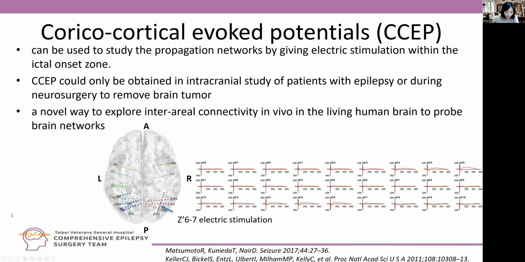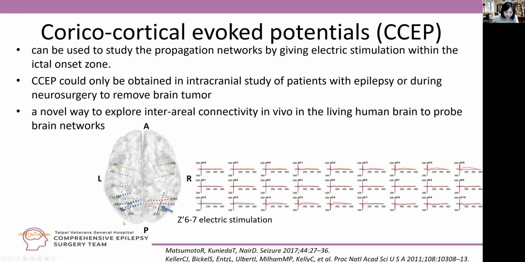The CCEP is not easy to get because it can only be obtained in intracranial studies of patients with epilepsy or during neurosurgery to remove brain tumors. Anyway, it is a novel way to explore interareal connectivity in vivo in a living human brain.